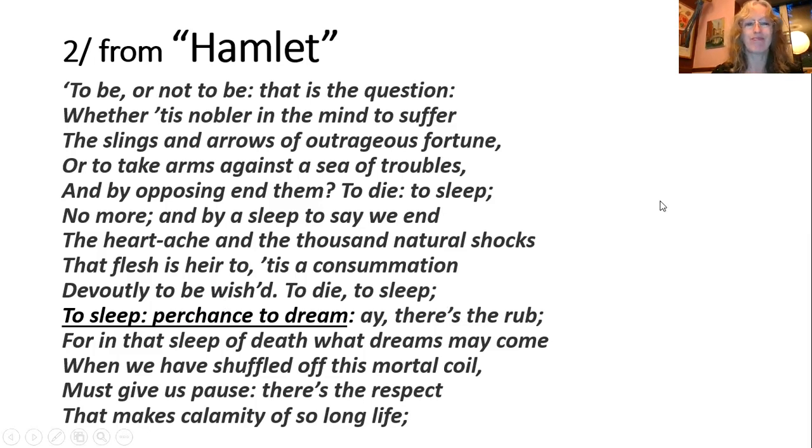What does it mean? It's about, should I live or should I die? And this is Hamlet when he's trying to decide whether to kill himself or not. So it's a very, very big, momentous time of the play. He's thinking, comparing death to sleeping.